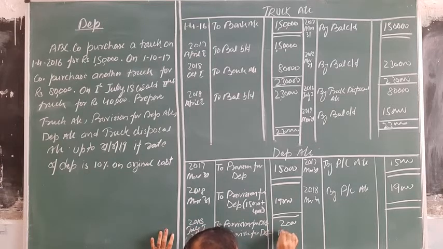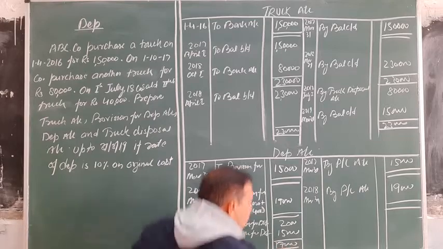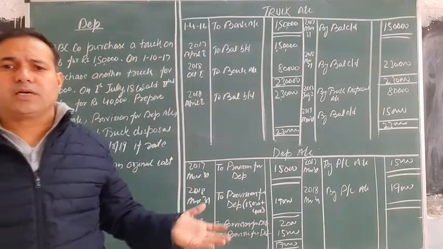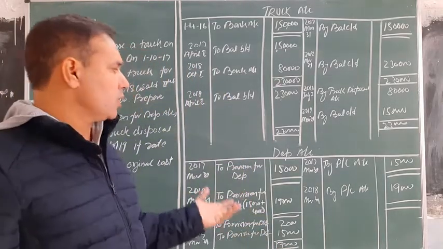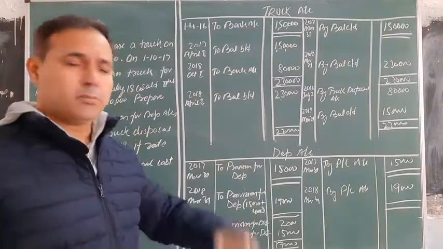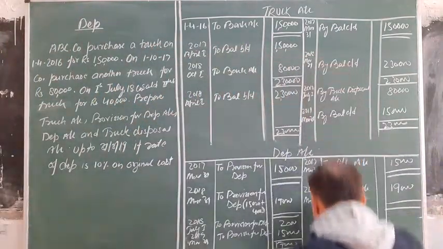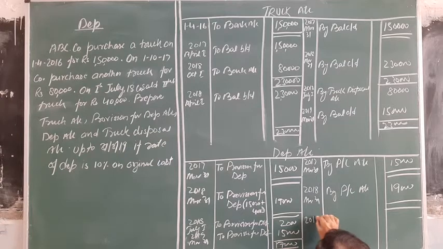It will be 15,000 for the whole year. Total is 17,000. And at the end of the year, we will transfer the total depreciation to profit and loss account. 2019 March 31, by profit and loss account.